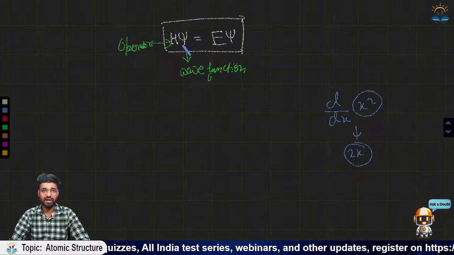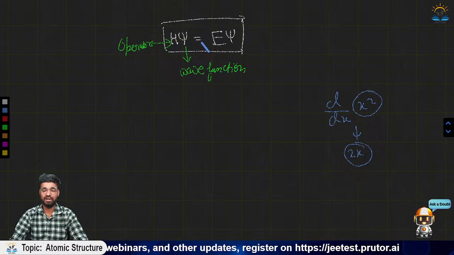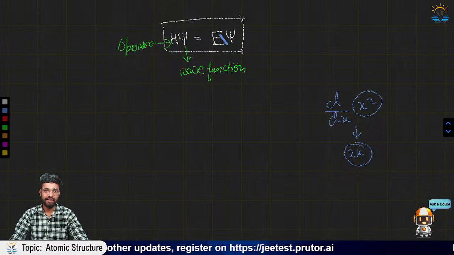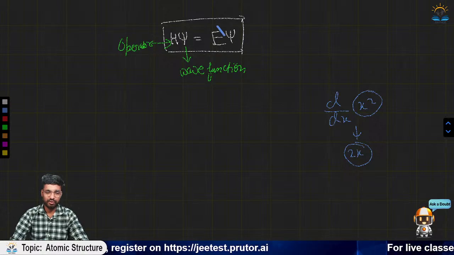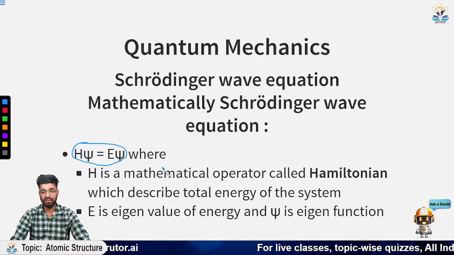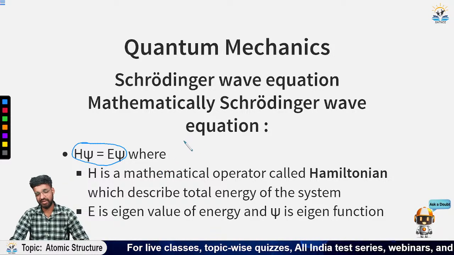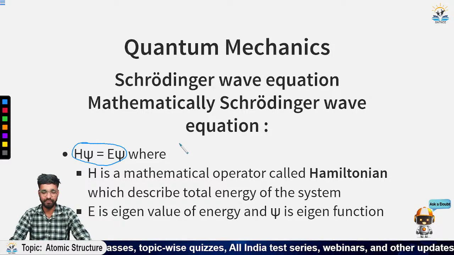Since we are operating this Hamiltonian operator on this wave function, we get the energy, and this energy was used to identify where the probability of finding the electron will be more.